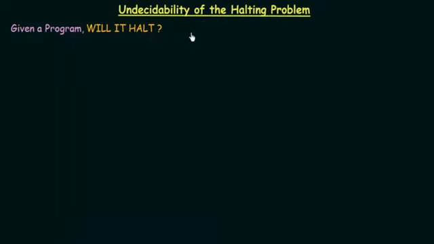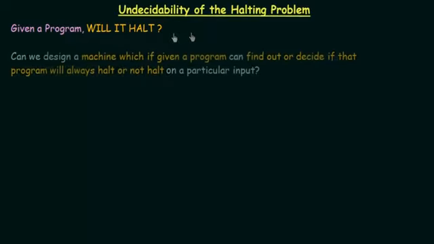So our question was, can we design a machine which can tell us whether a given program will always halt or not? Can we design a machine which, if given a program, can decide if that program will halt or not halt on a particular input?